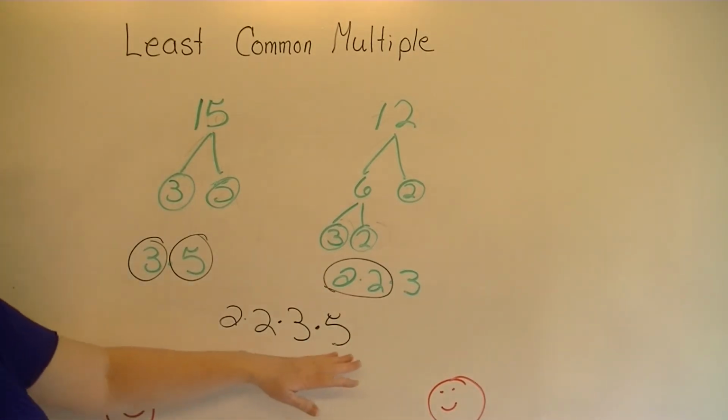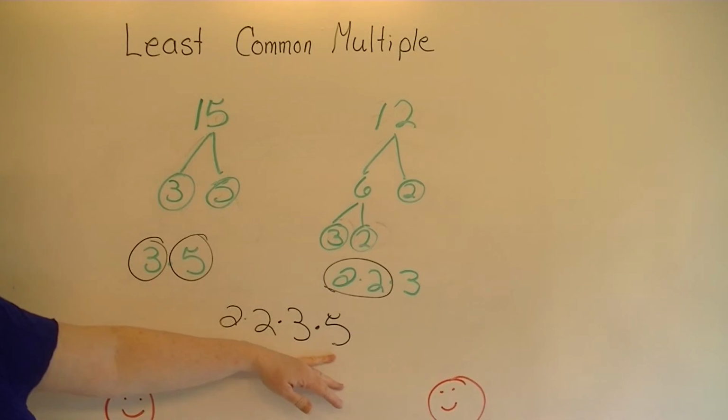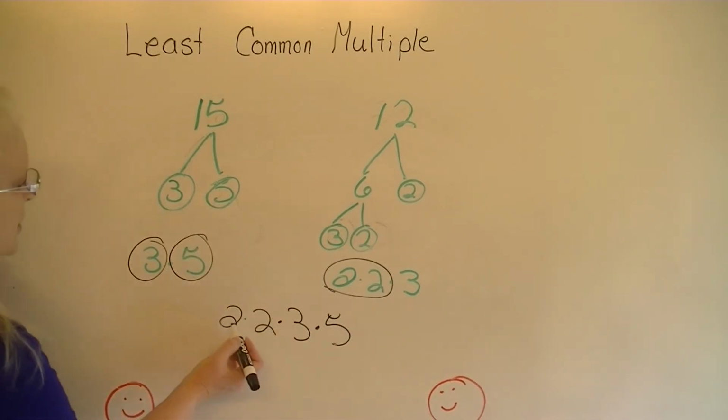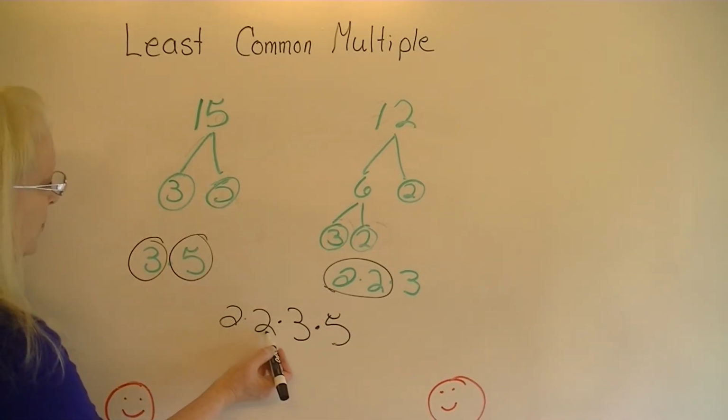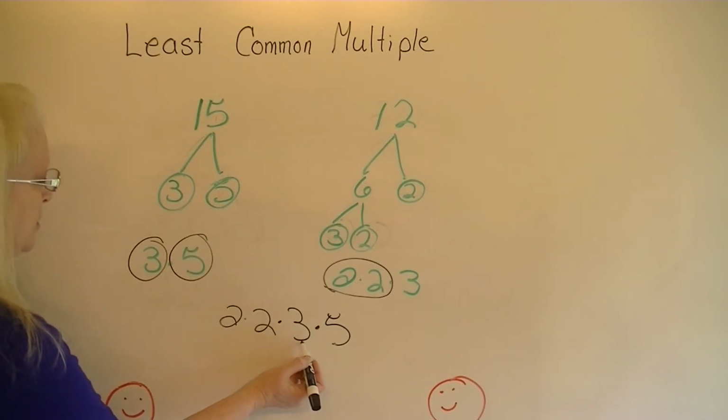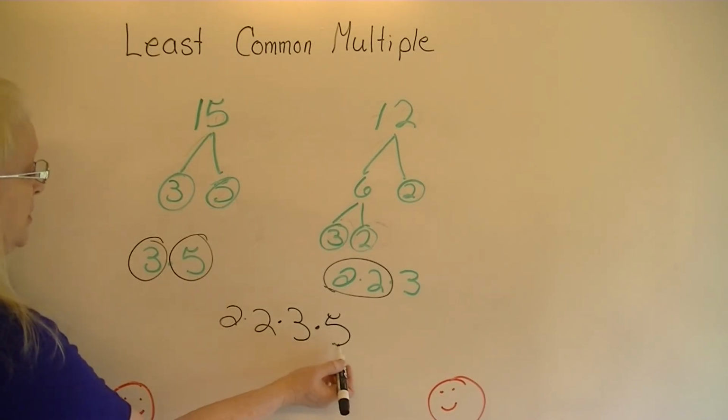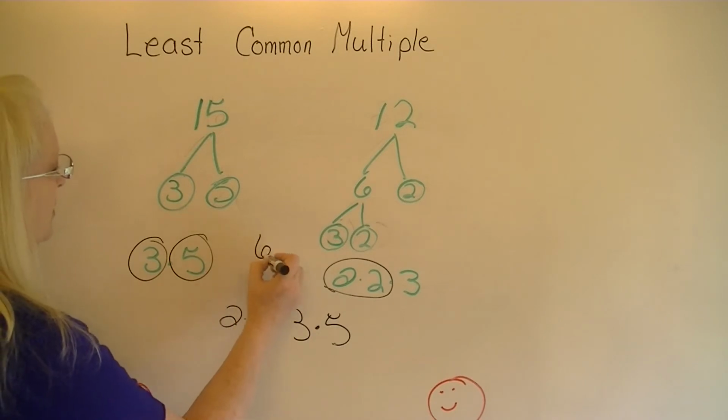So if I multiply these numbers, I'm going to come up with the least common multiple. 2 times 2 is 4, and 4 times 3 is 12, and 12 times 5 is 60.